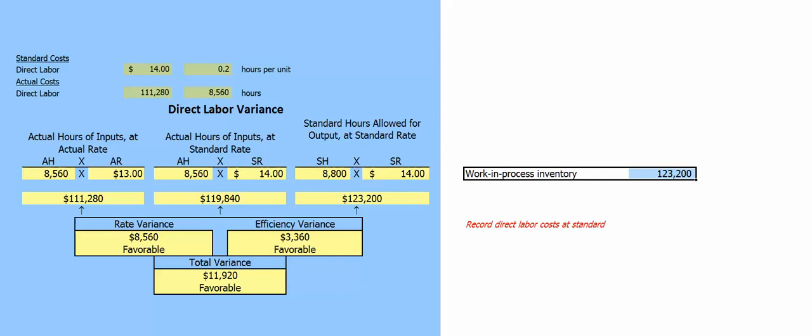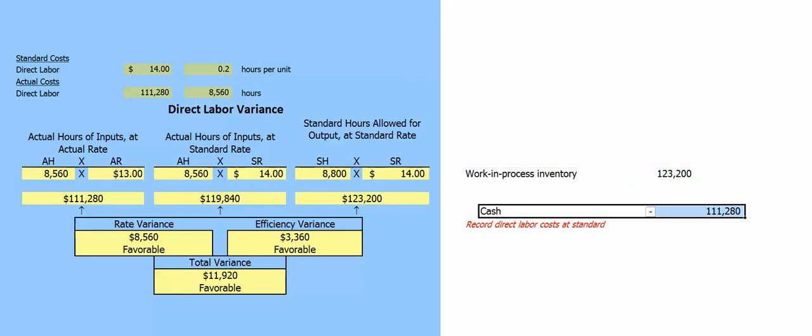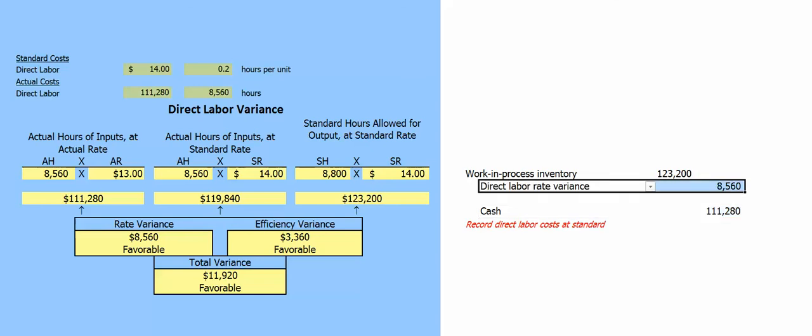So at standard, we would have expected this level of output to cost $123,200. But our actual labor cost was $111,280. That's what we're going to pay our employees. The difference between the two we break down into the rate variance and the labor efficiency variance. And again, debits equal credits.